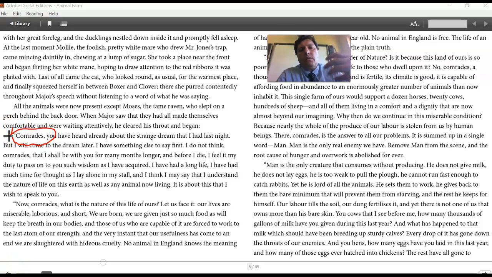Comrade has always been synonymous with political left-wing groups, from unions to the labour movement to the communist and socialist movements. Comrade coming from communist. And it is a way of getting rid of the idea of the personal pronoun and creating a collective pronoun.